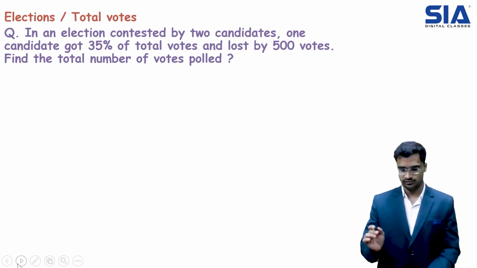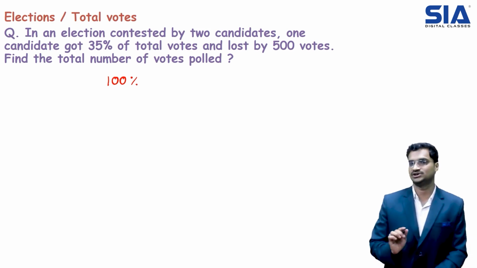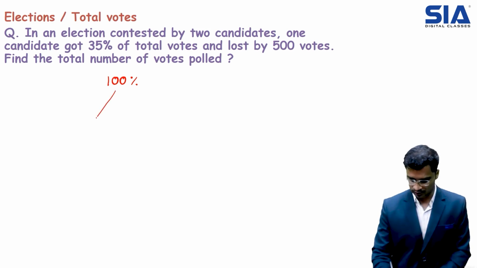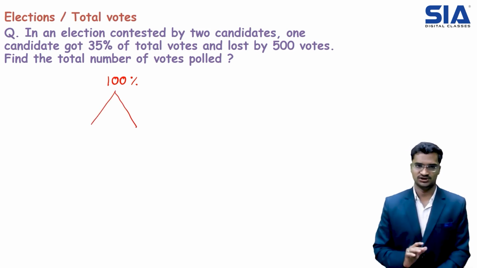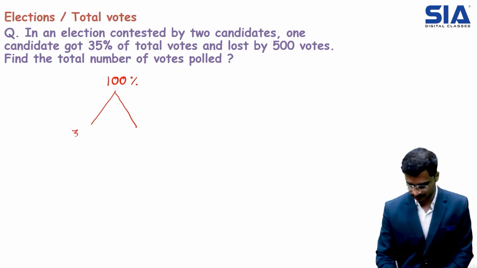In an election, let us assume the total votes polled is 100%. Now there are two candidates. One of the persons is getting 35% of total votes.